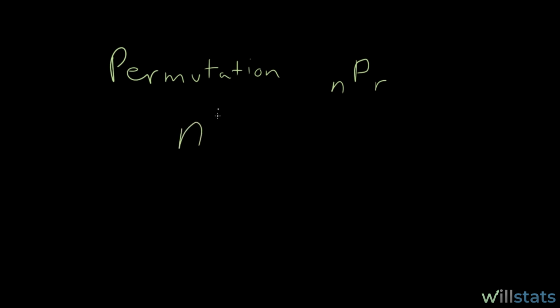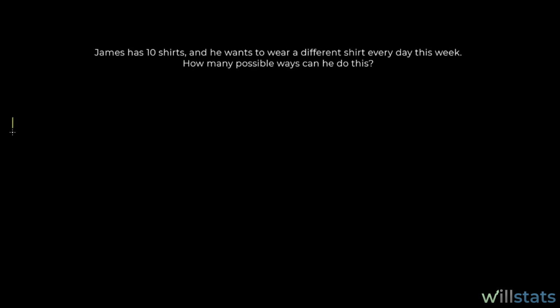So a permutation is n factorial, where n represents the number of items in the permutation, and we divide that by n minus r and take the factorial of that. What r represents is the number of items that we take in the permutation. So n is the possibilities, and r is the amount of these possibilities that we actually use.